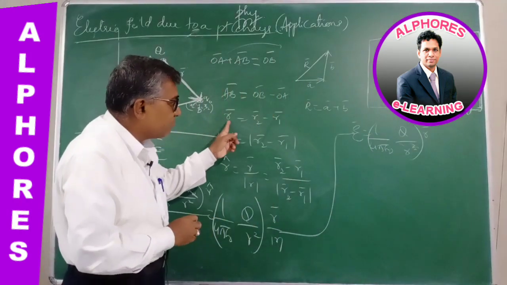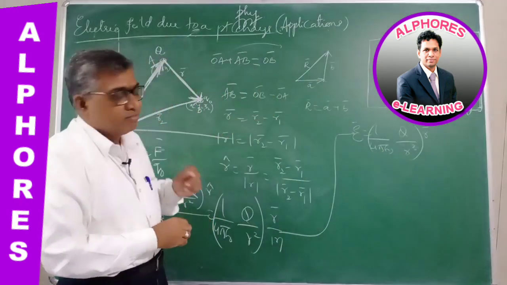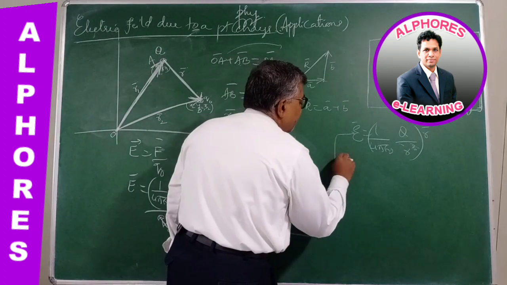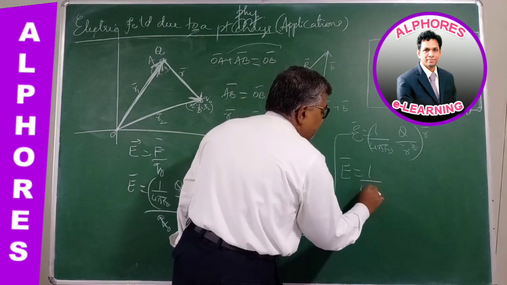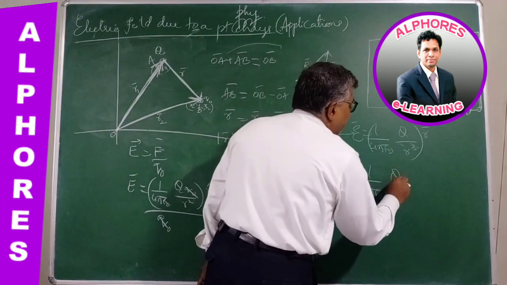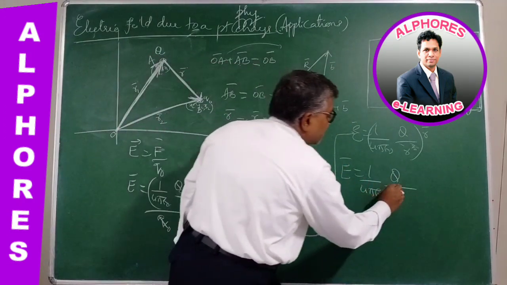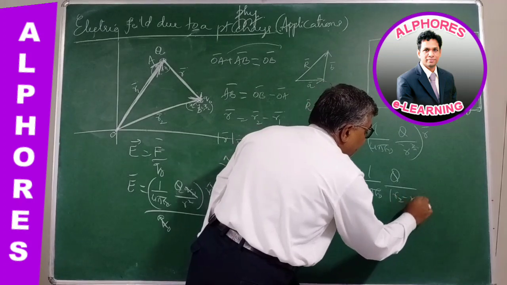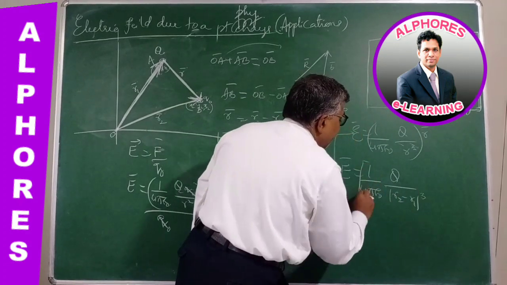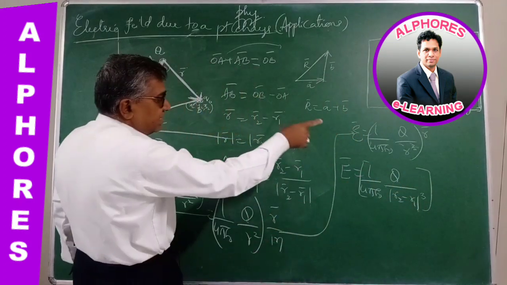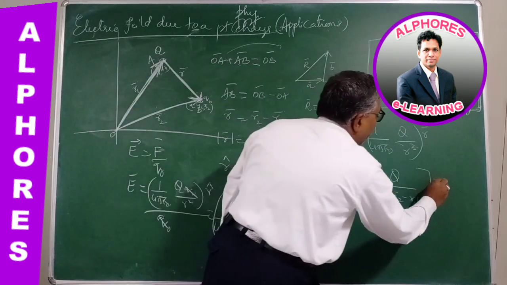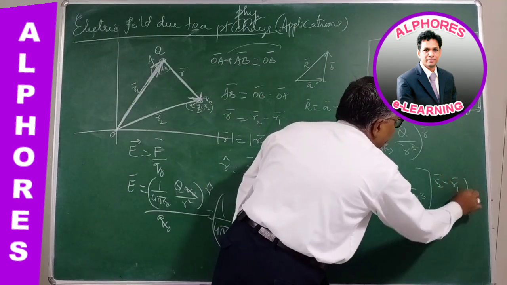But what is R bar? R2 bar minus R1 bar. So substituting, E bar is equal to 1 by 4 pi epsilon naught capital Q by mod R2 minus R1 whole cube into R bar, and R bar is R2 bar minus R1 bar.